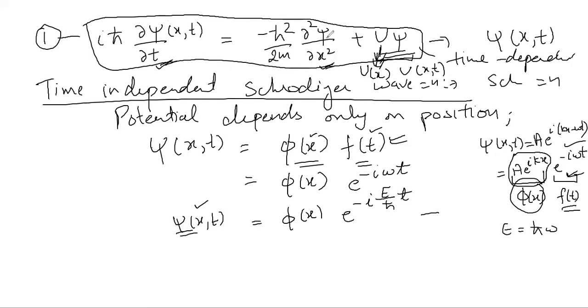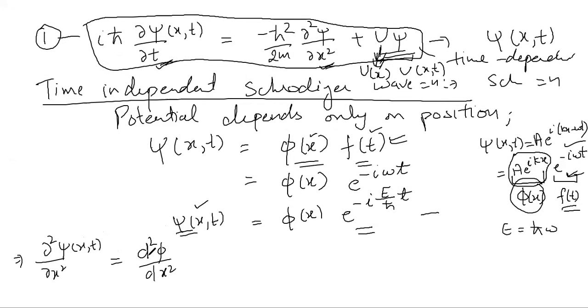These two terms I need here, which is easy to calculate. If I take curly square psi by curly x square, and this is a function of x and t, the exponential term has nothing to do with the position, so what you will get is d square phi over dx square.